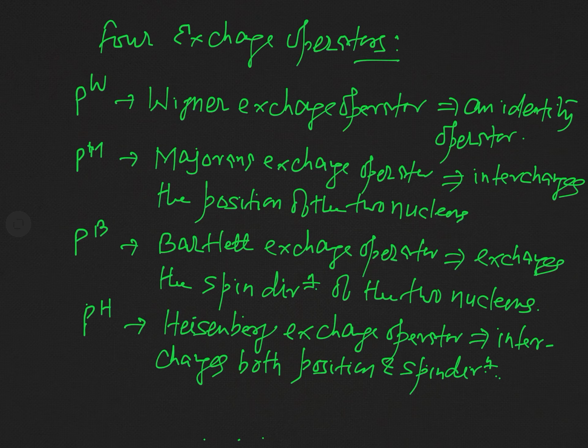So now we will write the wave equation for the four types of forces in terms of these operators. Actually, when the Schrodinger equation is written in terms of these operators, we will simply apply the operator on the wave function, and the result will be in accordance with the nature of the operator.